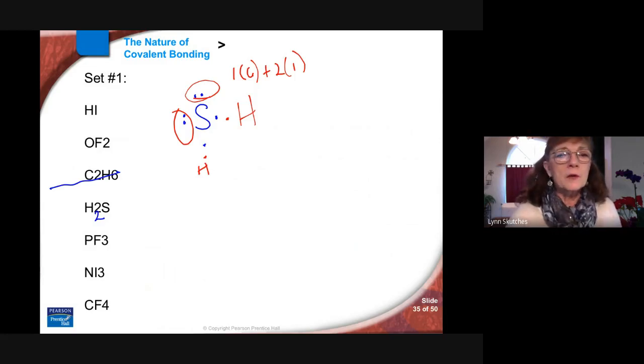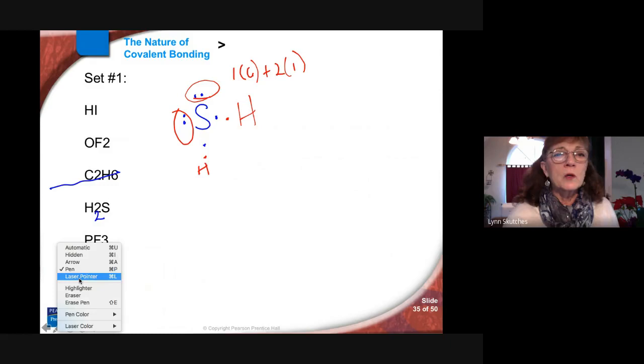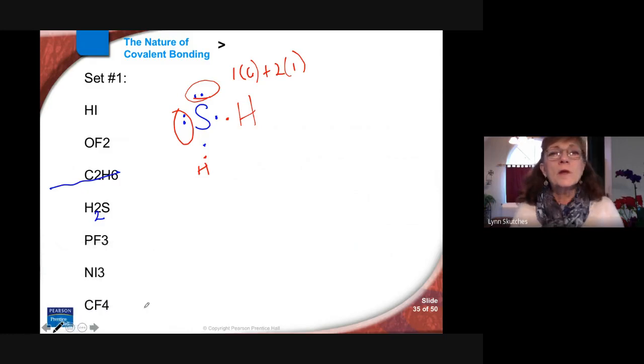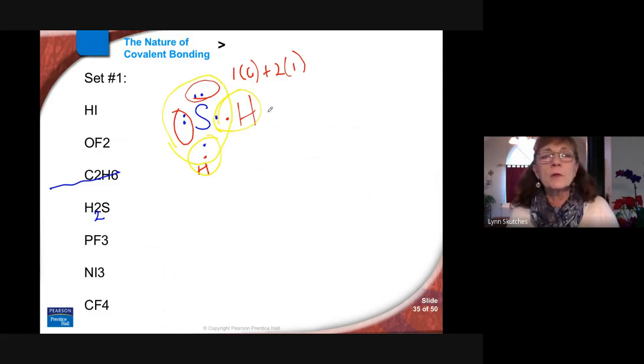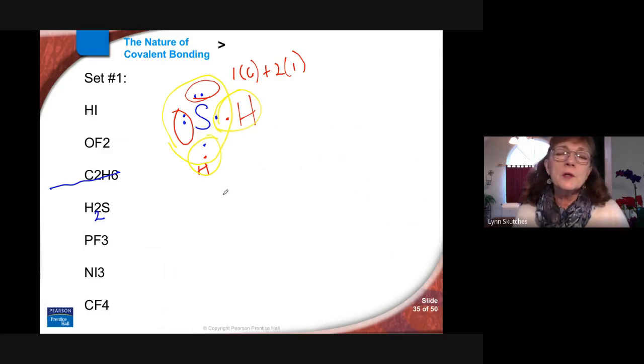And the other item that I asked you to do on these was to circle the way that they either get an octet or a duet. And again, for hydrogen, the best it can do is take its 1 electron and borrow 1 from sulfur, so hydrogen gets 2. And then sulfur has 6 and 1 from each of the hydrogens to get its octet. So this is going to have the exact same shape as a water molecule.